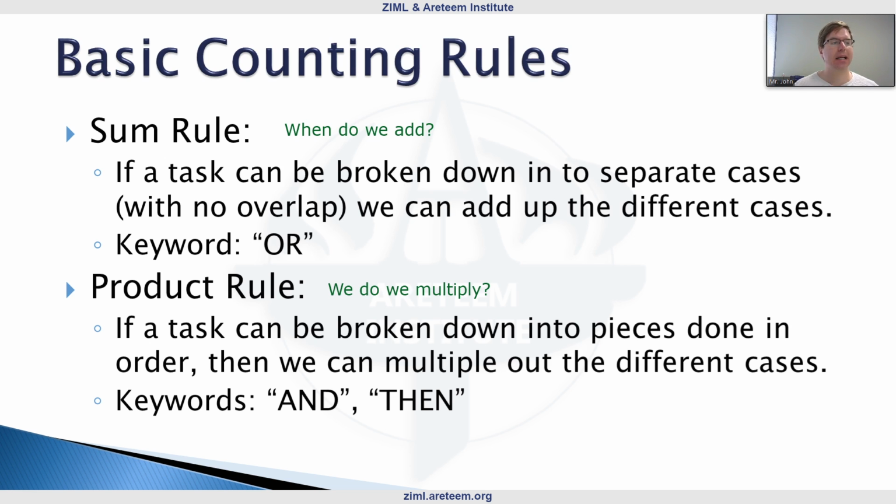And I really like thinking about these with keywords as well. So, "or": if we have the "or" in that case, we oftentimes add. If we're talking about multiplying, this is often going to be an "and" or a "then".